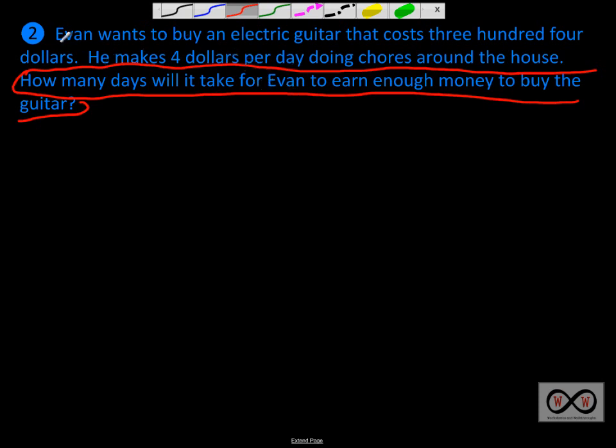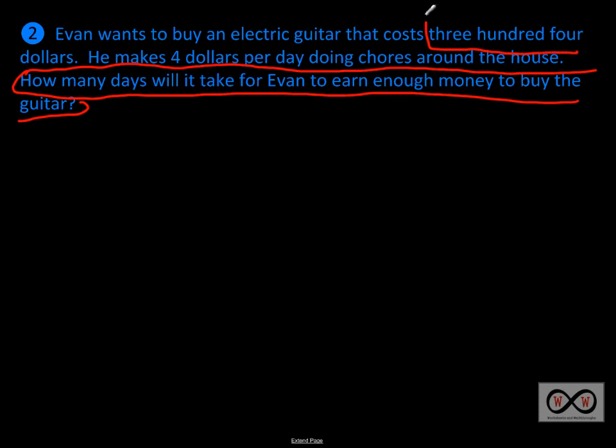In this case, he wants to buy the electric guitar. Where's that math information? Right over here. It's going to cost $304. So we're dealing with 304.